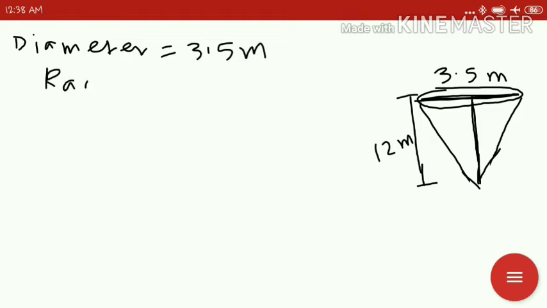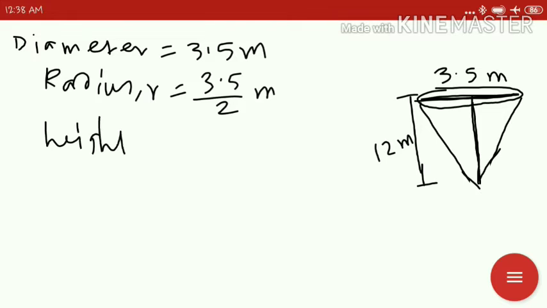So radius r equals 3.5 by 2 meter. Keep it as it is. And the depth, which represents the height of the cone if you invert it, will give the height, that h equals 12 meter.